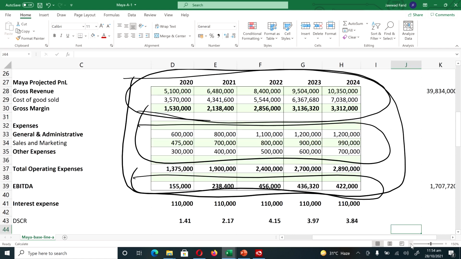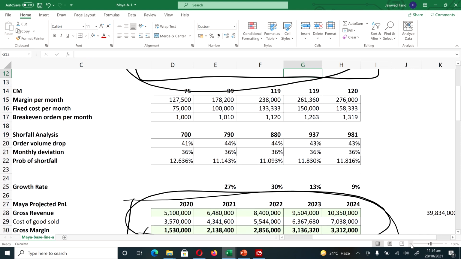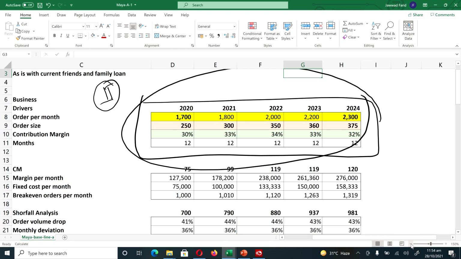And while model number two is not as sophisticated as we want it to be, we can clearly see that even at this level, even at this threshold, model number two also has submodels. Your sales model, which is basically a combination of your order size and your orders per month, is a small, simple submodel.